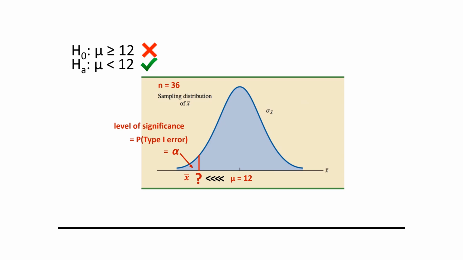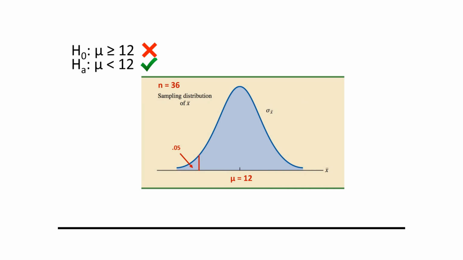So we always have a risk of rejecting H0 when we shouldn't. And the probability of making such a type 1 error is equal to the probability that X bar will take such low values, which is alpha. Minus 1.645, minus 1.96, and minus 2.576 are called critical values.